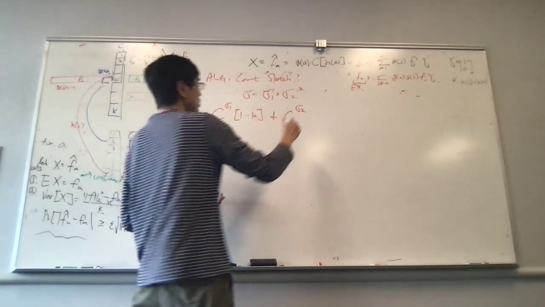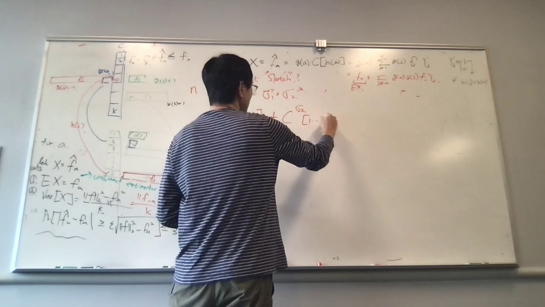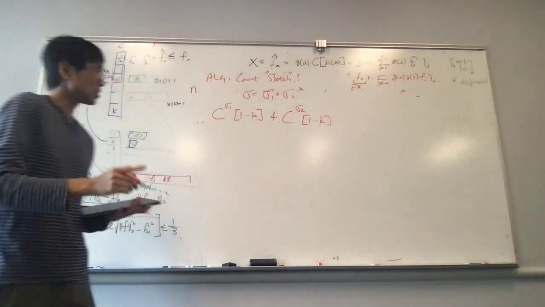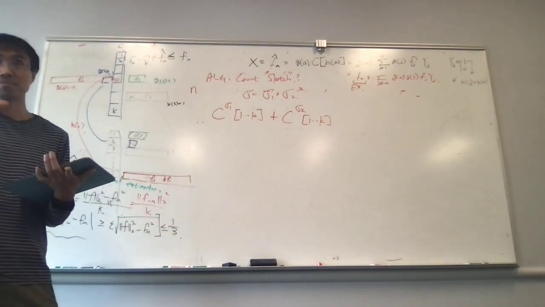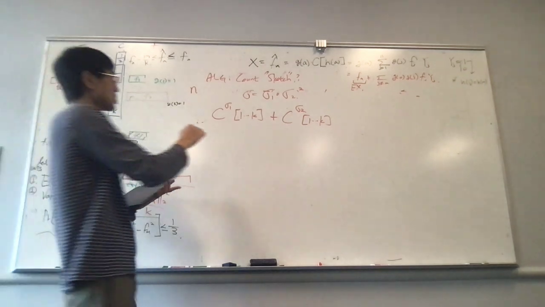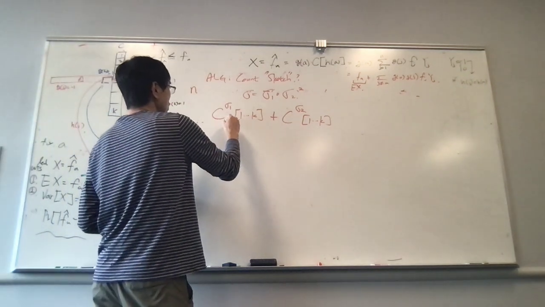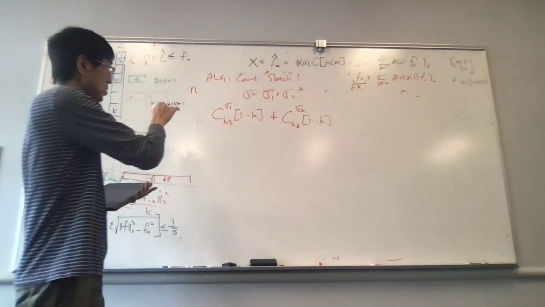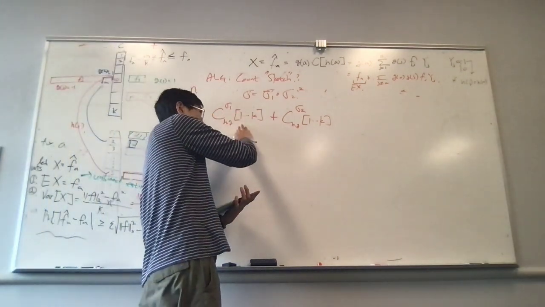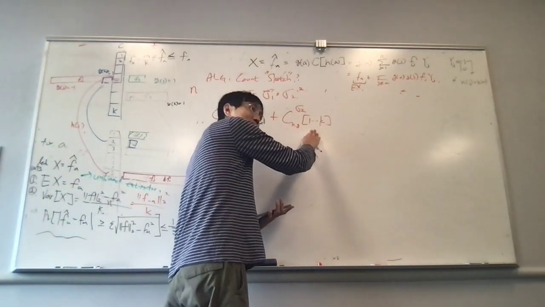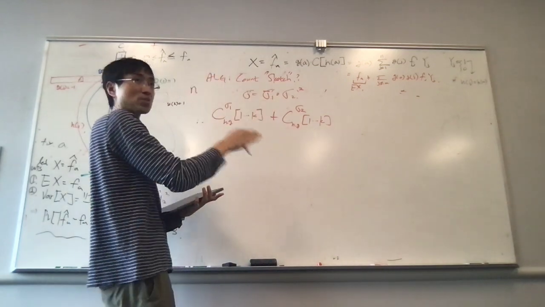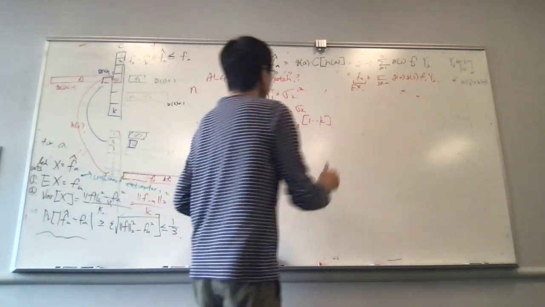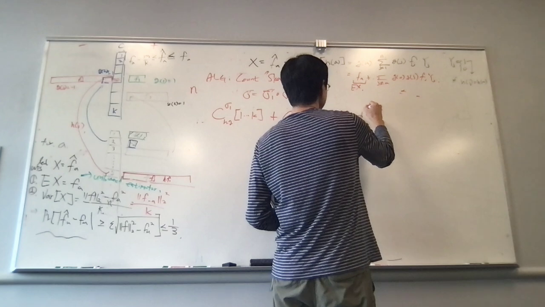You can think of it as a vector too. But let's assume that we use the same hash functions, because otherwise it will be totally different. So let me put this h and g to emphasize that in both runs we use the same hash functions. Then what I can observe is this.